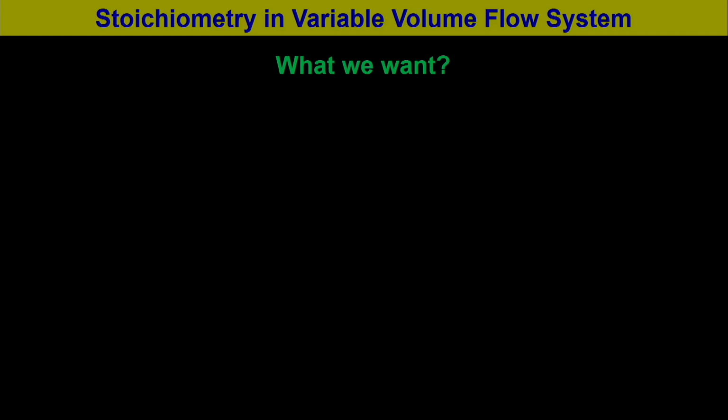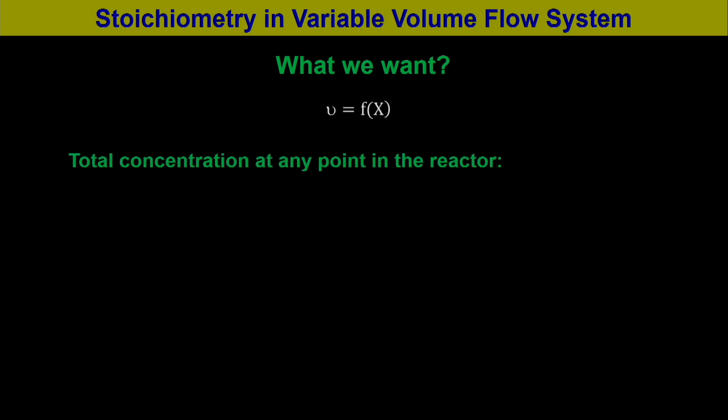Now, what do we want for this? We want the volumetric flow rate, small v, as a function of conversion. The total concentration at any point in the reactor, we can write CT as P by Z R T, where P is the pressure and Z, as defined earlier for the batch system, is the compressibility factor, R is the universal gas constant and T is the temperature.